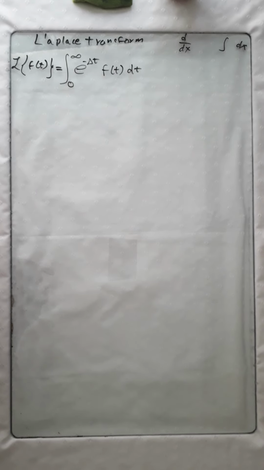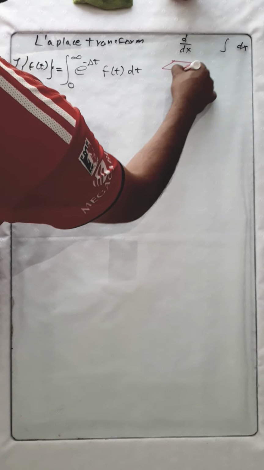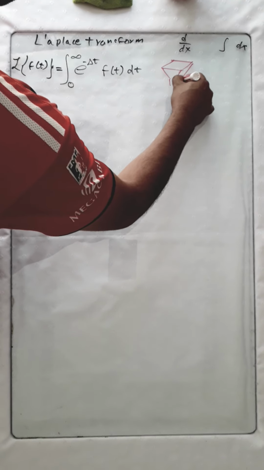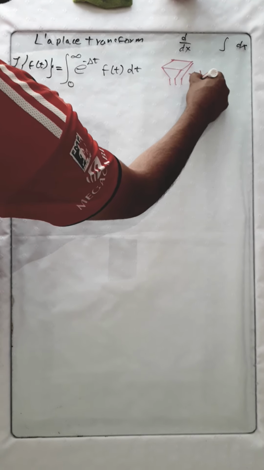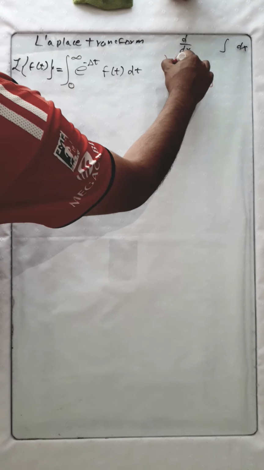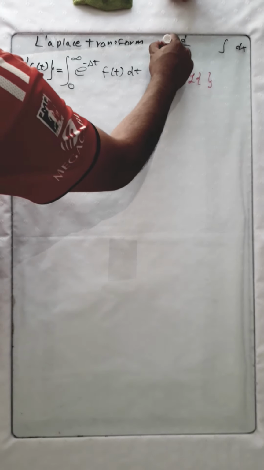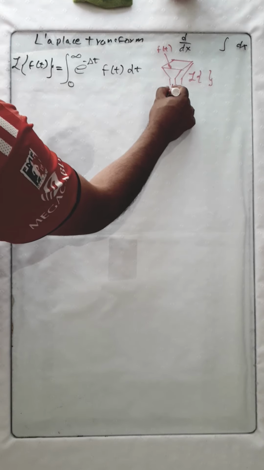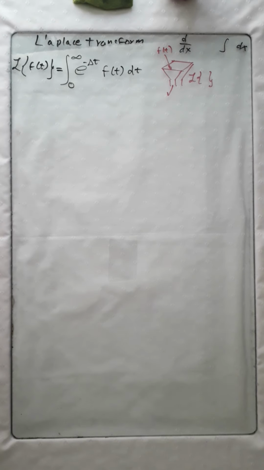So what you are going to have is a tortillas machine called the Laplace transform. You are going to throw in f of t and you are going to get something. What is that something?